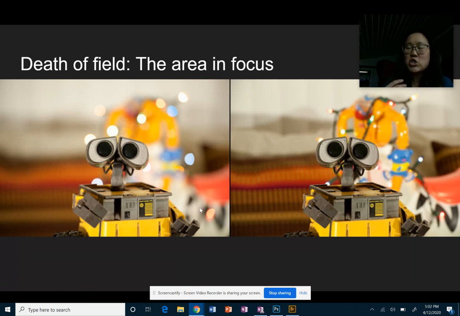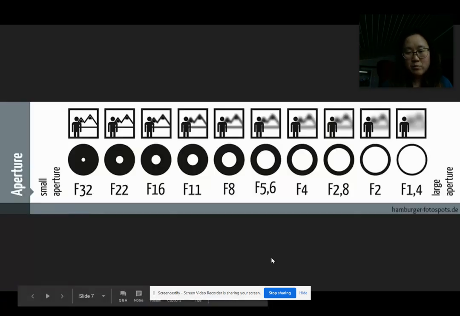This has a shallower depth of field, which means it has a physically larger aperture, while this one has a deeper depth of field, which means more things that are farther away are more in focus, which means it's going to have a physically smaller aperture.